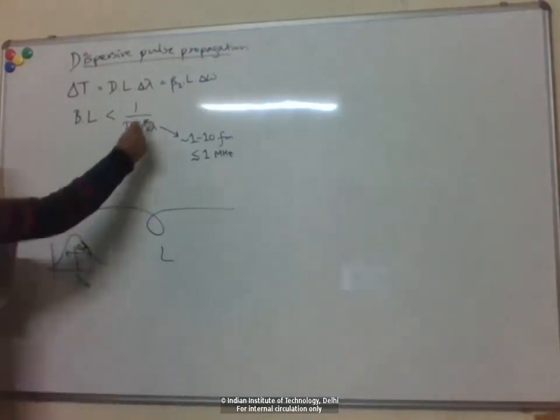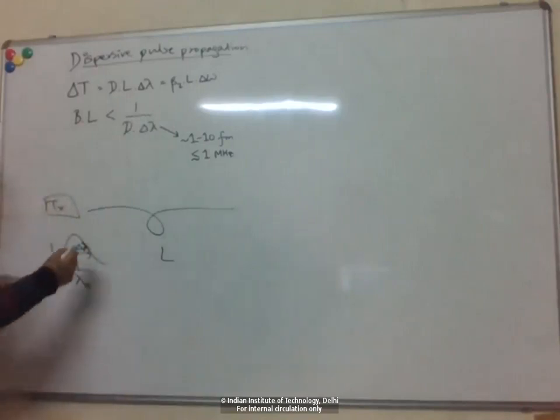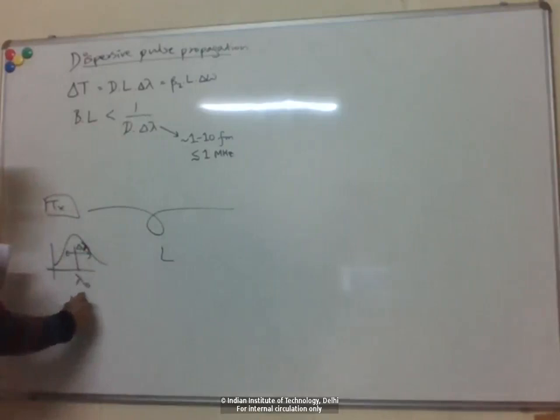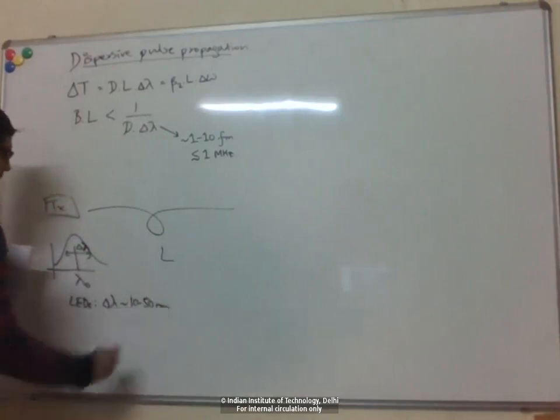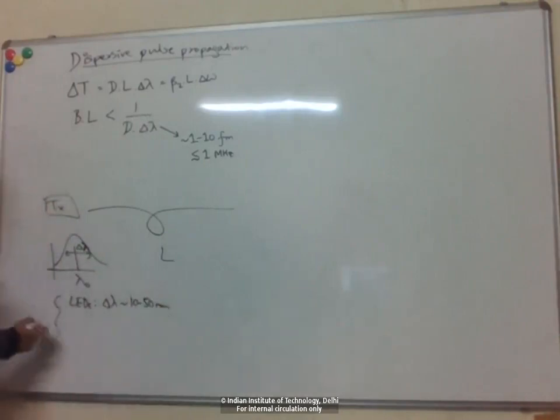So this delta lambda is basically what we will use. For LEDs, this delta lambda is something like 10 to 15 nanometers.